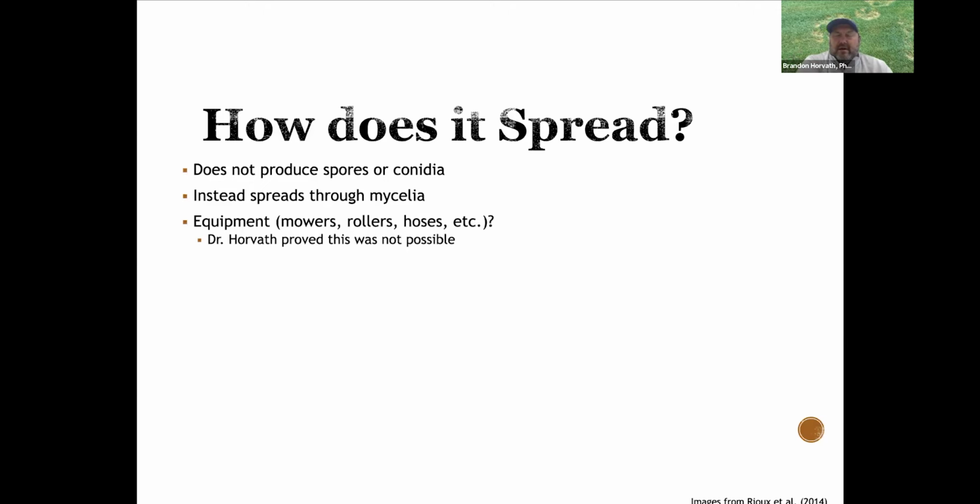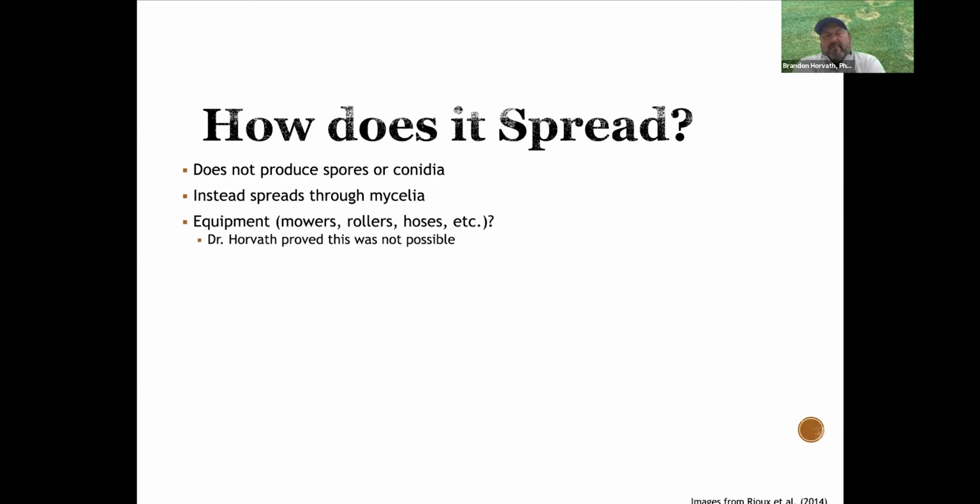You've got the idea that you keep it on your shoes and you spread it around as you walk from location to location, and that's certainly possible, but it doesn't explain the widespread movement of the pathogen all over the place.